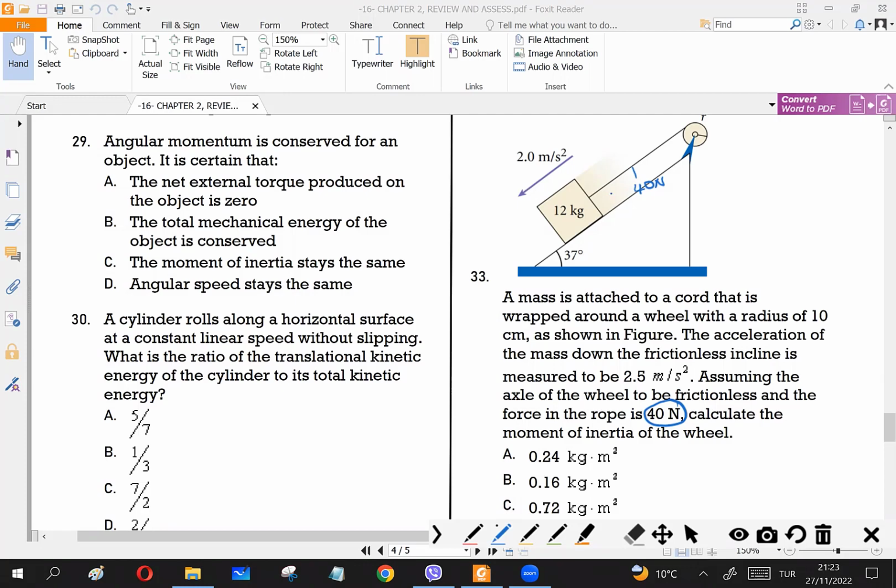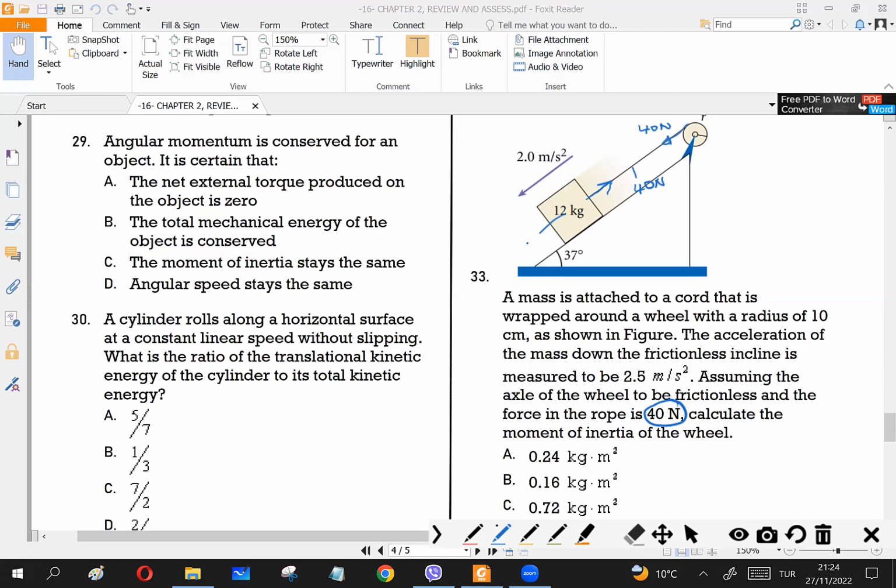This tension force in the rope pulls this 12 kilogram mass back in this direction, and it also pulls this wheel in this direction and causes it to start rotation. So this force in the rope acts tangent to the wheel as 40 Newton, and causes this wheel to accelerate.